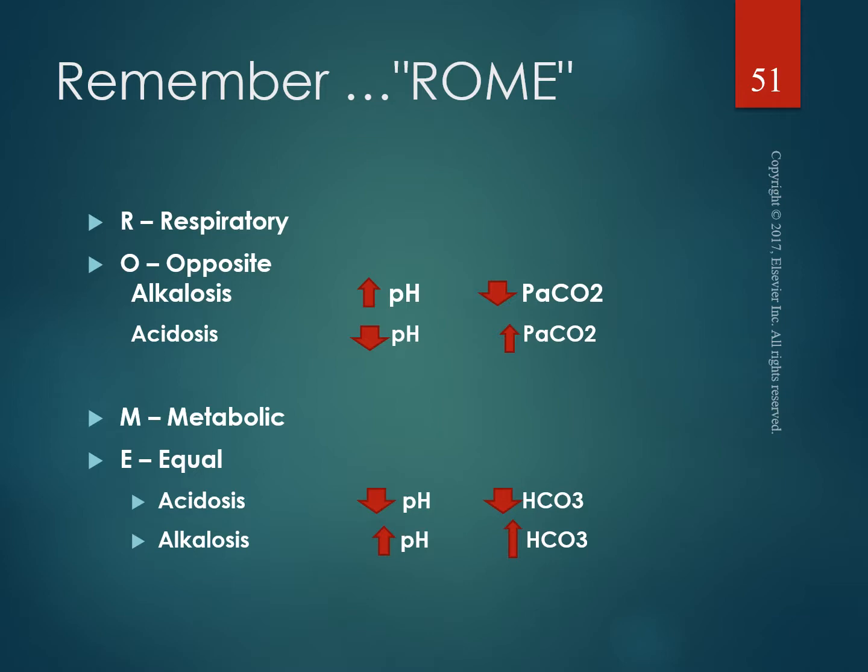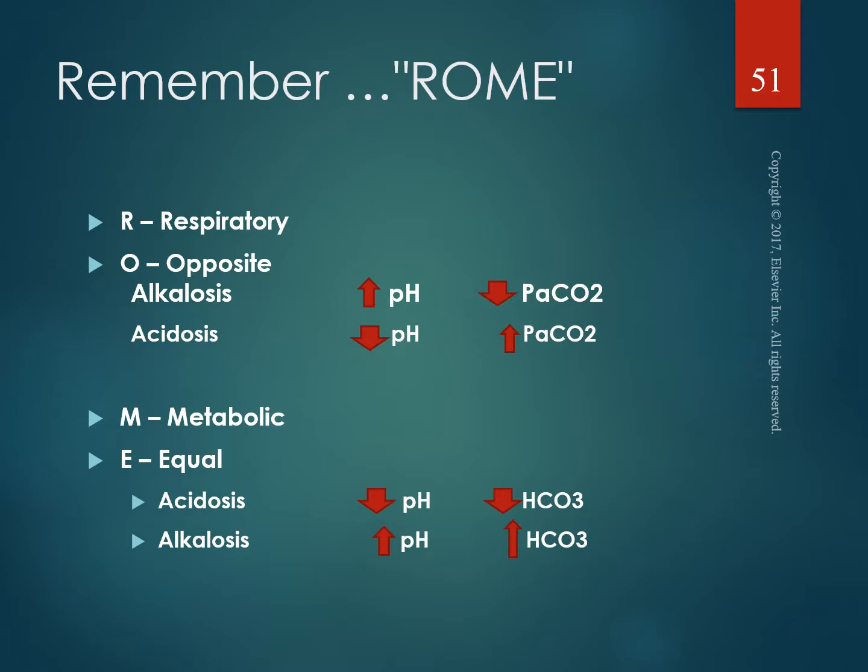So I borrowed this from Dr. Coulter as an easy way to remember this, and it's using ROME. For respiratory, the O is opposite. So with alkalosis, pH goes up and PaCO2 goes down.